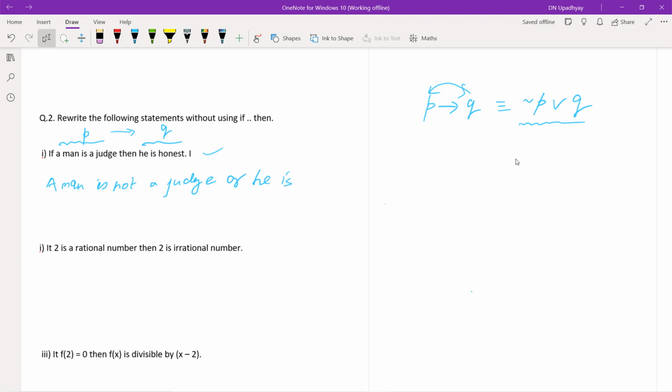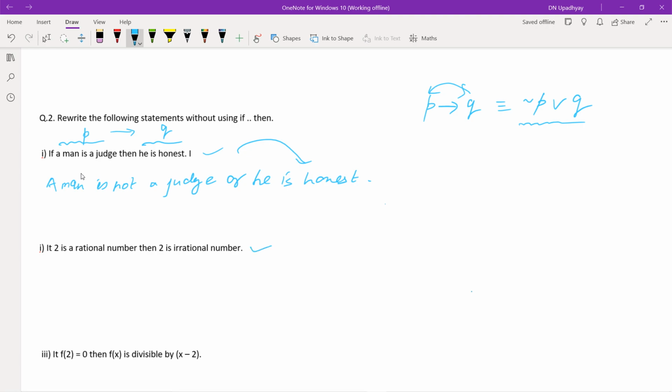Now the sign is or, so we can write or, he is honest. So this is the equivalent value or equivalent term. So basically, we just have to change P if and then Q into the value of negation P or Q.